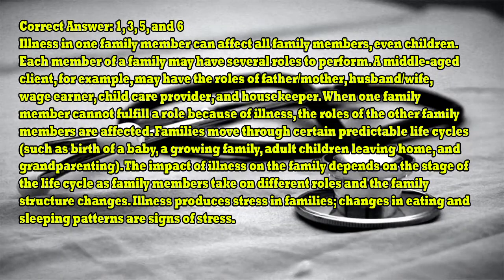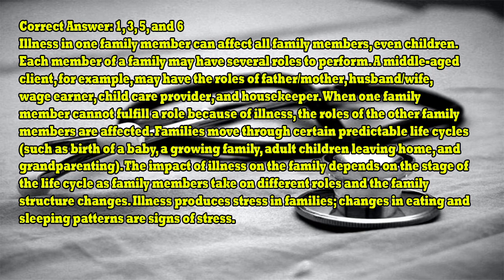Correct answer: 1, 3, 5, and 6. Illness in one family member can affect all family members, even children. Each member of a family may have several roles to perform. A middle-aged client, for example, may have the roles of father, mother, husband, wife, wage earner, child care provider, and housekeeper. When one family member cannot fulfill a role because of illness, the roles of the other family members are affected.